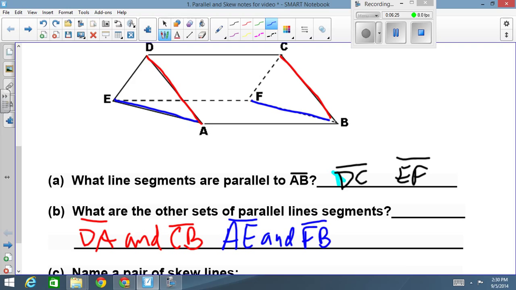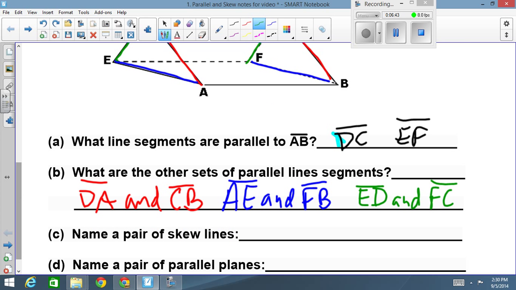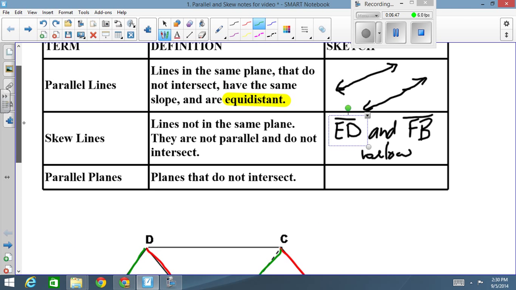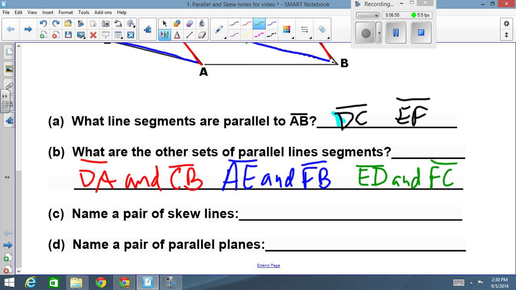Okay, so we got those. The AB, the DC, and the EF, we talked about all those. So I guess the last set would be these two. ED runs parallel to FC. They never cross, they never intersect. Okay, pair of skew lines, we already named those up here at the top, ED and FB, because ED and FB not only are they not parallel, but they also do not intersect.